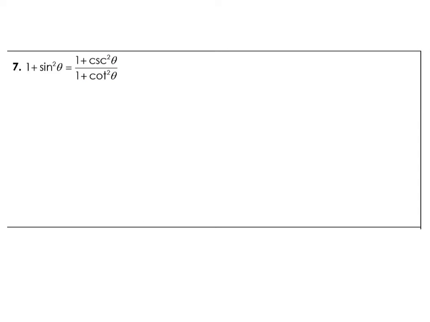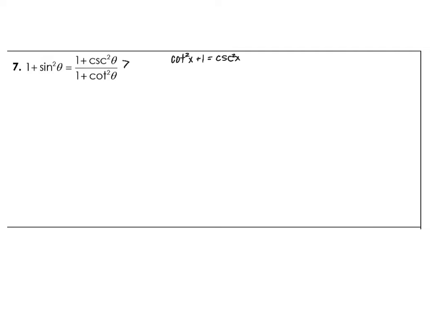Okay, with number 7, it looks like we're going to need to start with the right side. And these two are looking an awful lot like identities. And again, a quick reminder, we started with the trig function first. So we know that cotangent squared x plus 1 is cosecant squared x.